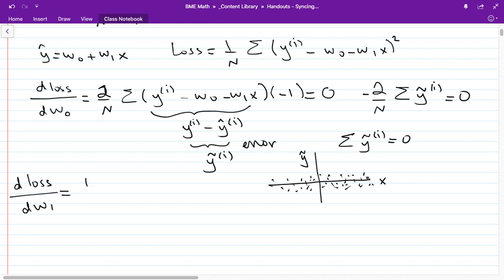So what I have is that 1 over n times the sum of the inside times the derivative of the inside with respect to w.